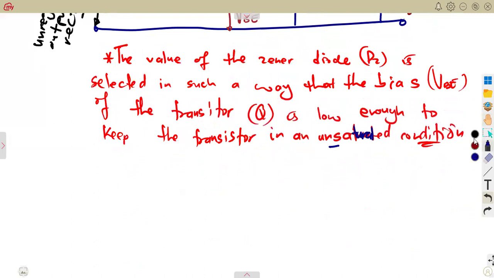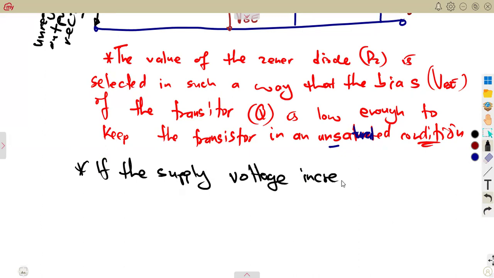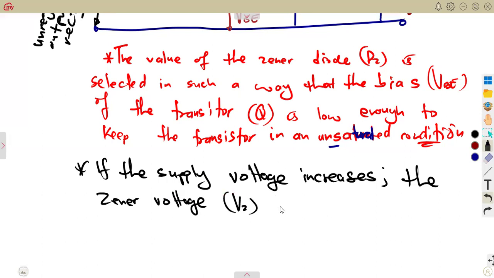So with this, we can have the supply. Remember I said if the supply voltage increases, the Zener diode voltage will remain constant, but that base bias, which is VBE, will also increase. So if the supply voltage increases, the Zener voltage, which is the voltage we have on the Zener diode, VZ, will remain constant.